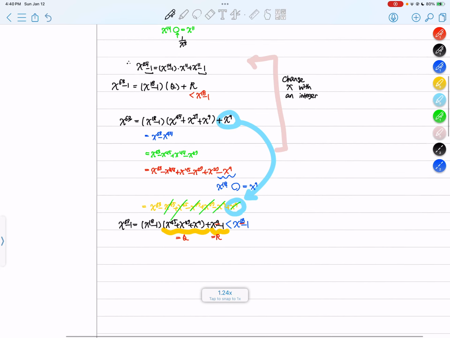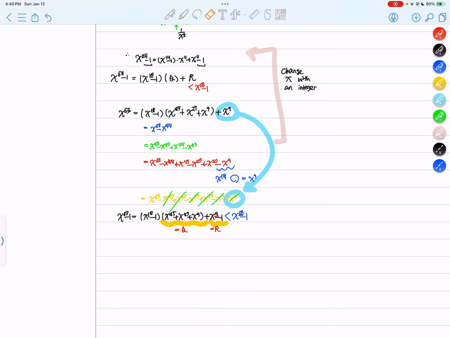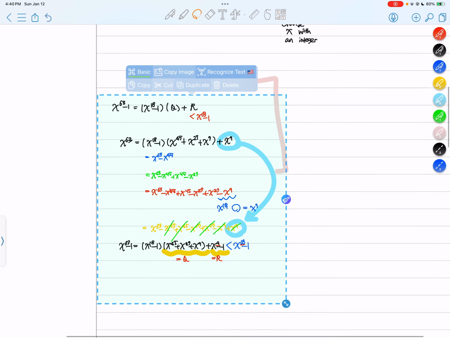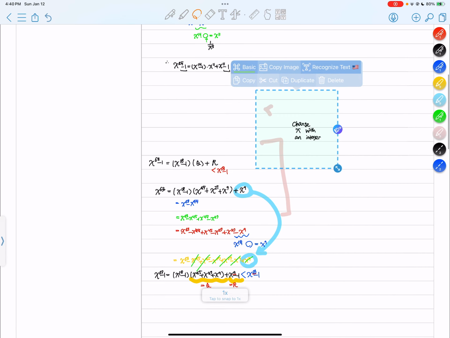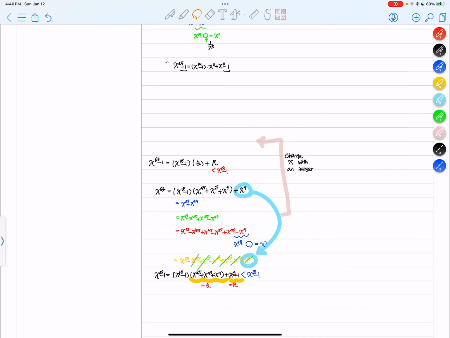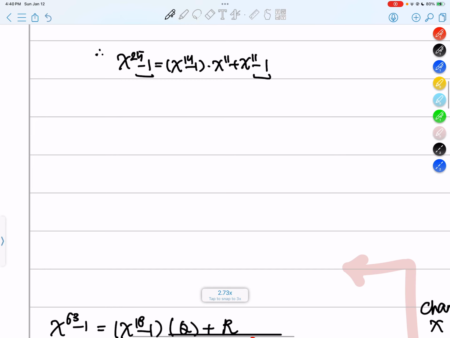Okay, and so after you've done that, you just have to change x with 7. Shall we try? So just moving this down a bit again. Yeah, so let's change x with 7.